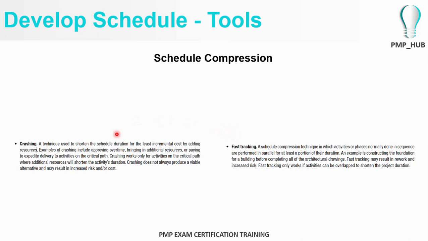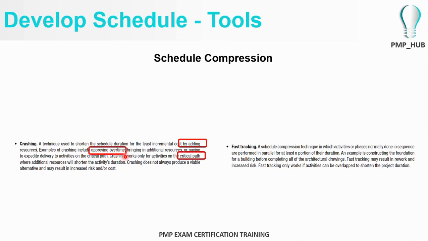Project crashing is all about compressing the project by adding more resources. For example, a textbook example would be crashing by using overtime of the resources.